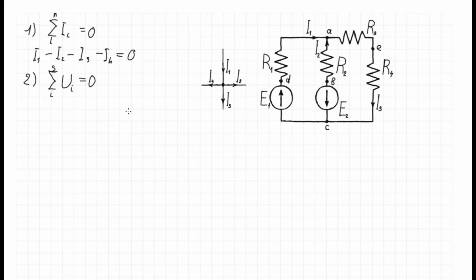Okay, and what can we do for this circuit for finding the currents in the conductors of this circuit? If we know the values of each resistance 1, 2, 3, 4, and these sources of electromotive force, what can we do?